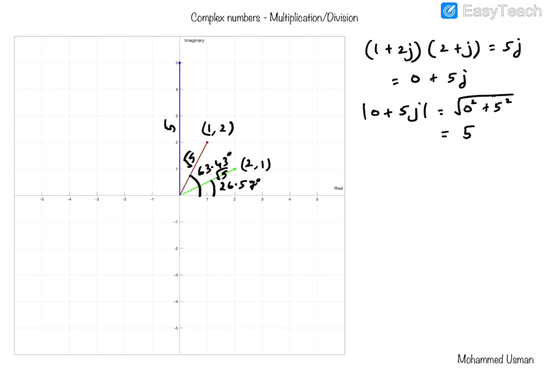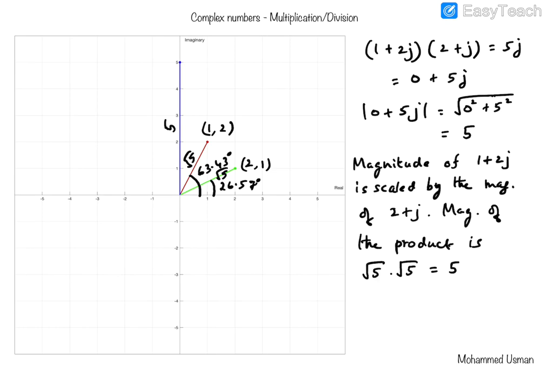And this 5 is basically the original complex number, 1 plus 2j, getting scaled, or its magnitude being scaled by the magnitude of the second complex number. So clearly we see that the magnitude of the product is equal to the product of the magnitudes of these two complex numbers. So root 5 into root 5 gives us 5.